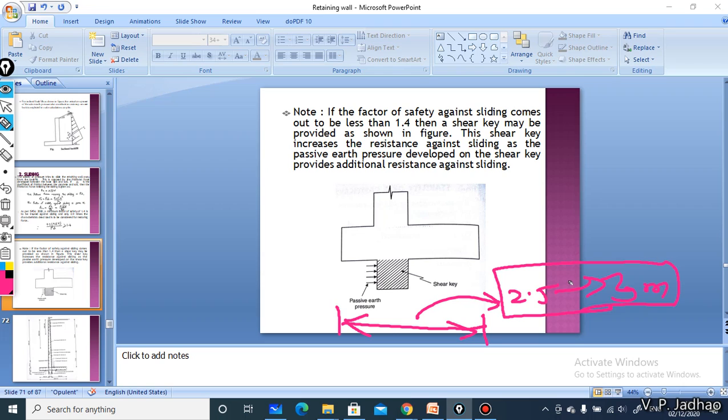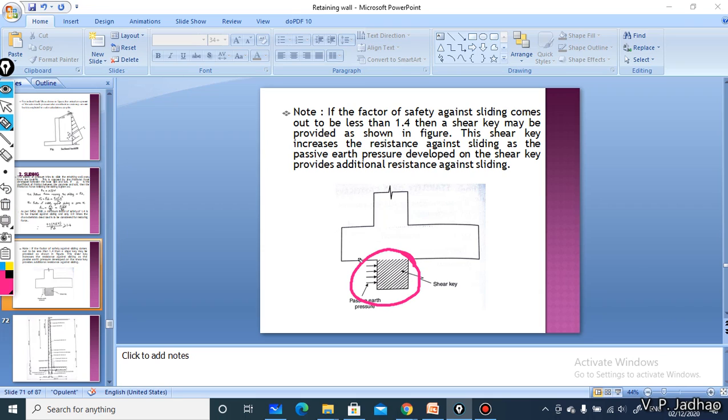Okay, if it comes out to be more than 1.4, you can use 3 meter, or otherwise you can provide some shear key like this. Okay, the better way from a practical point of view is to provide the shear key, because if you increase the width of this base slab, it will result in lesser economy. So better is you provide some shear key.